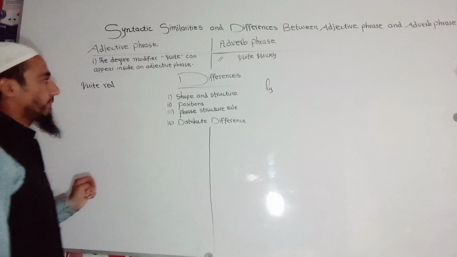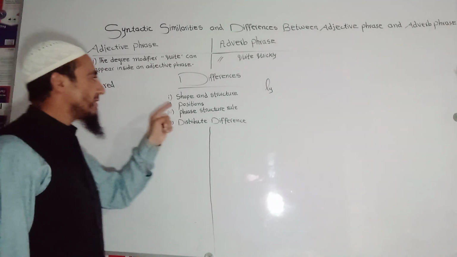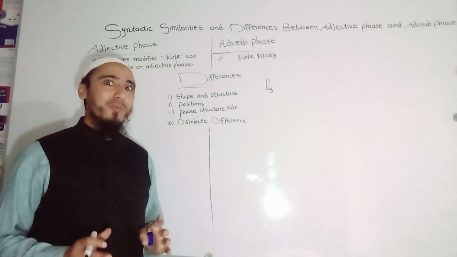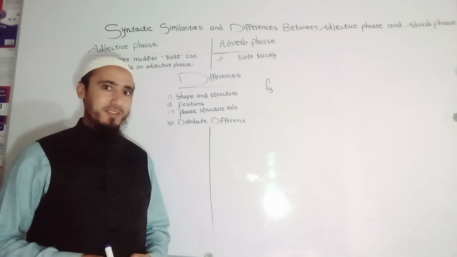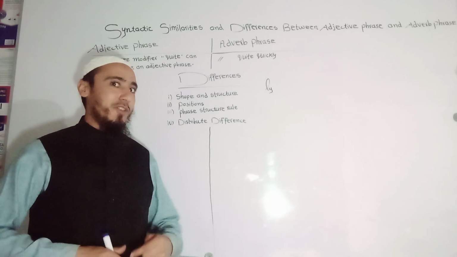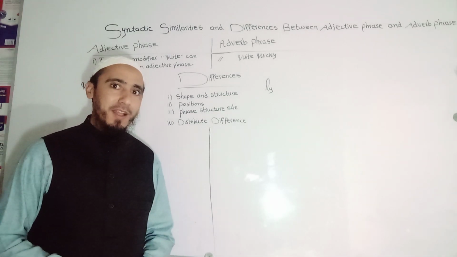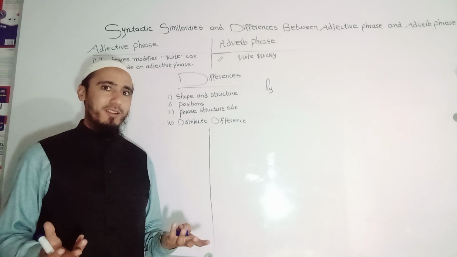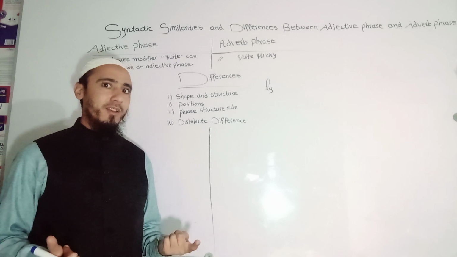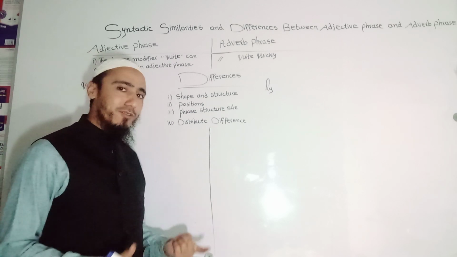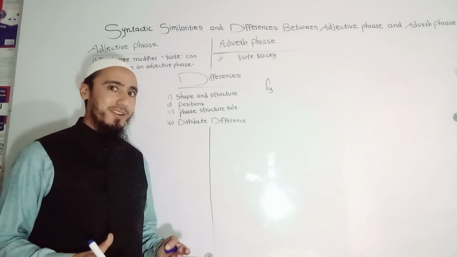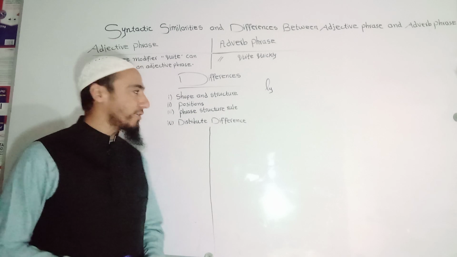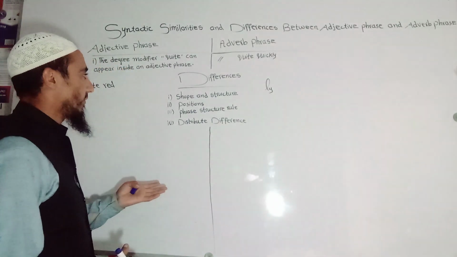This is one difference. Another difference is that they are different from each other because of their different positions, their different places in the sentence. I should clarify with examples how they are different because of different places, locations and positions.